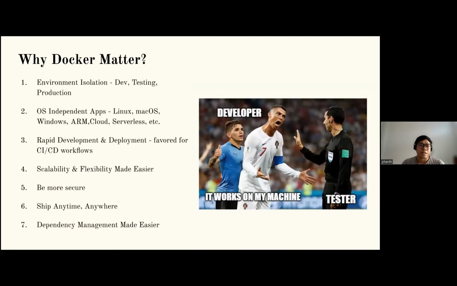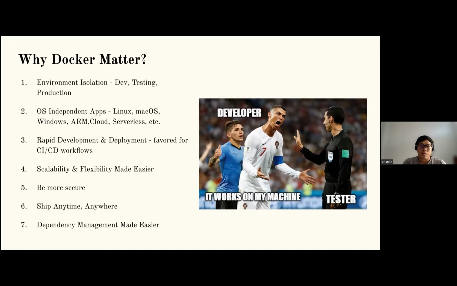And why was Docker made? You may see this picture. As developers, sometimes we meet this problem: we can develop on our machine, but it does not work on other people's machines. The first point is environment isolation.